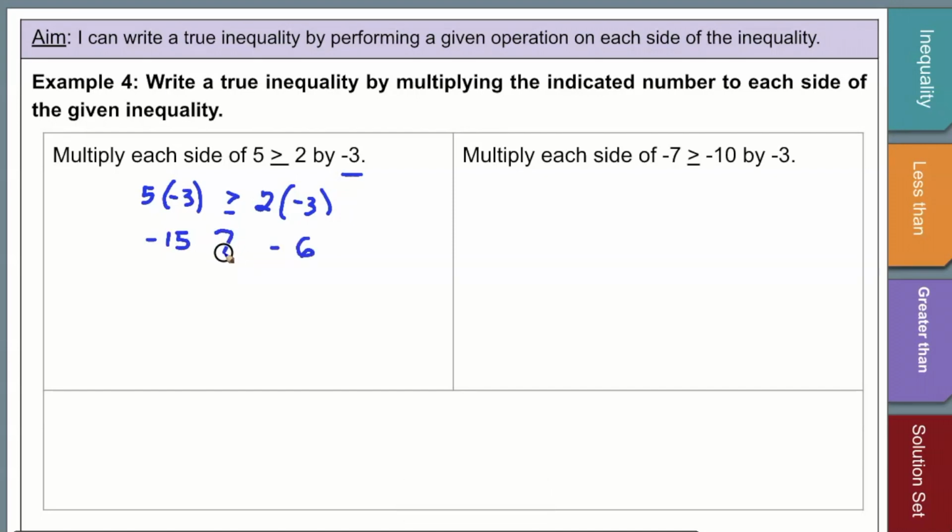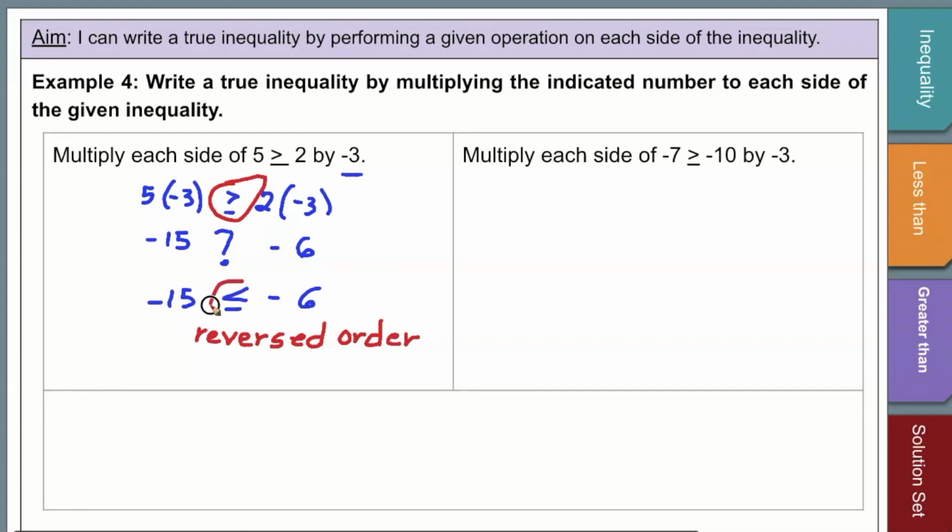This is not a true inequality. Therefore, we are going to reverse the order from greater than or equal to, to less than or equal to. We should have negative 15 less than or equal to negative 6. So when we multiplied both sides of the original inequality by a negative number, we reversed the order of the resulting inequality from greater than or equal to, to less than or equal to.